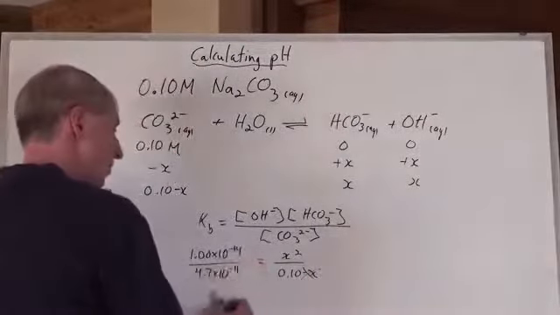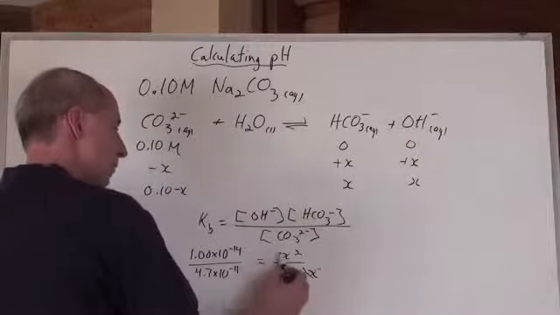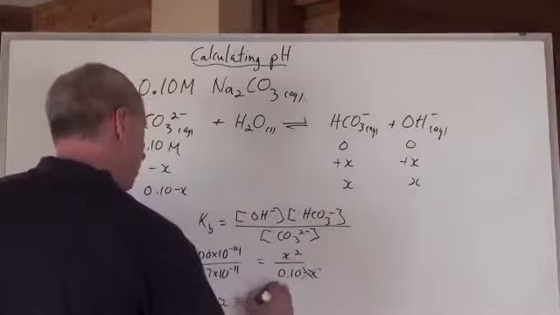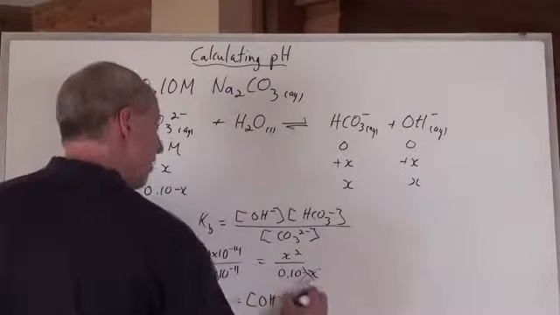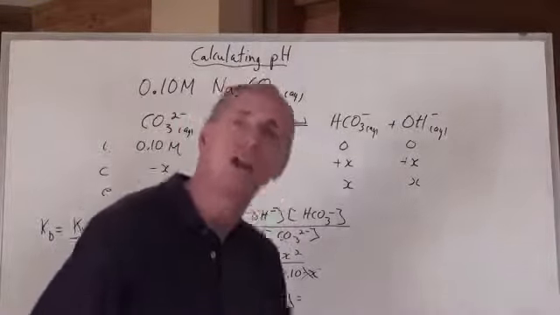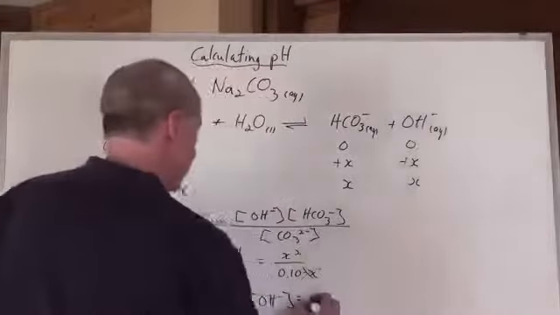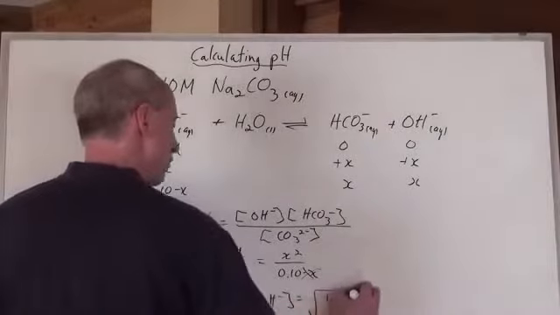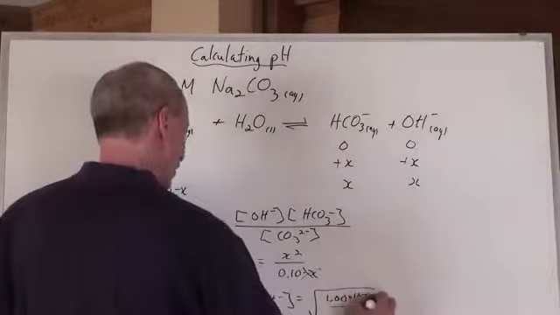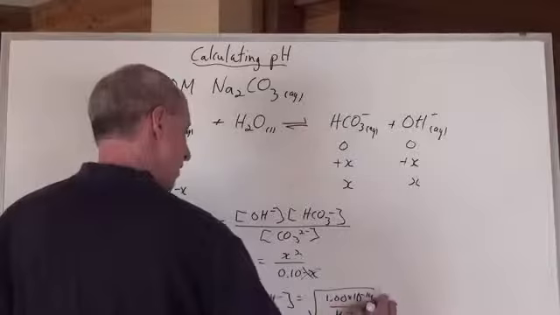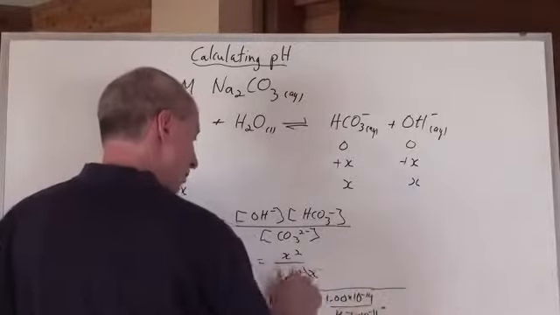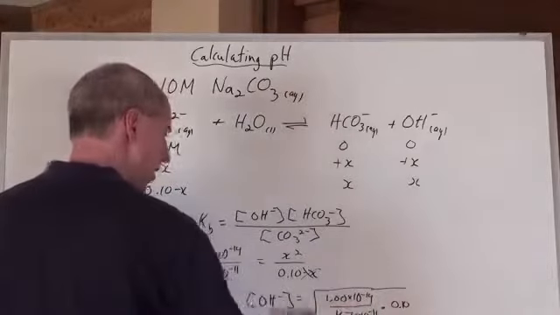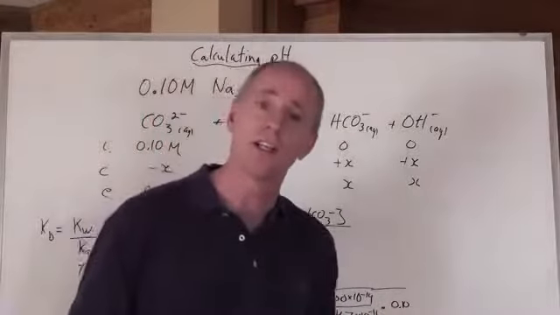So really, it's taking this number times 0.1, and the square root of that equals X. X is going to be the concentration of the hydroxide ion in solution. So the square root of 1.00 times 10 to the negative 14 divided by 4.7 times 10 to the negative 11, times 0.10, gives you the hydroxide ion concentration.